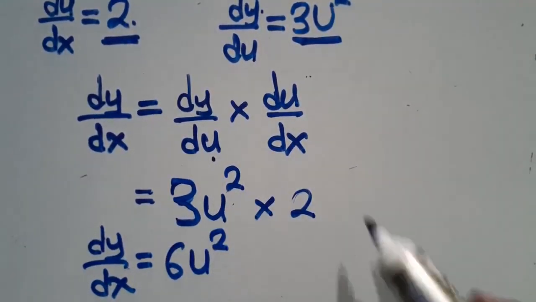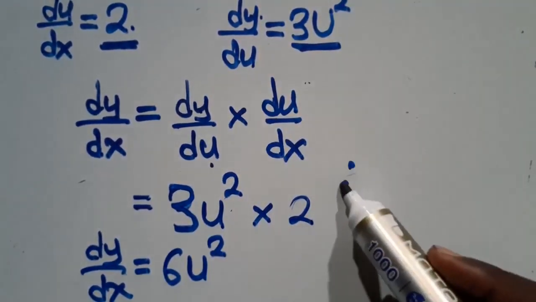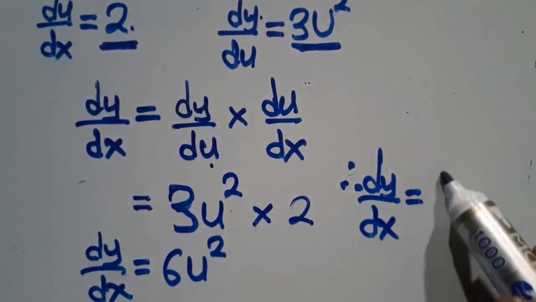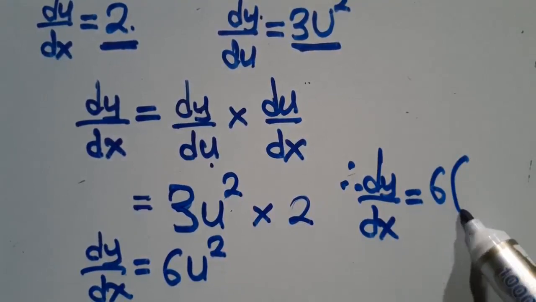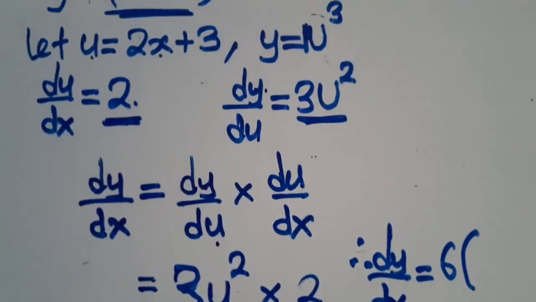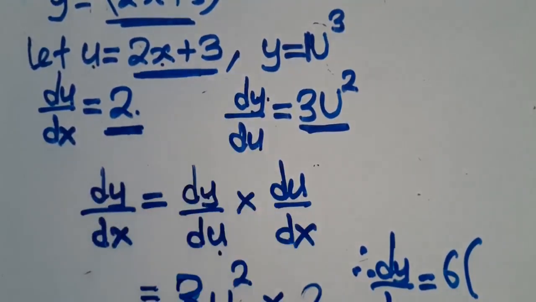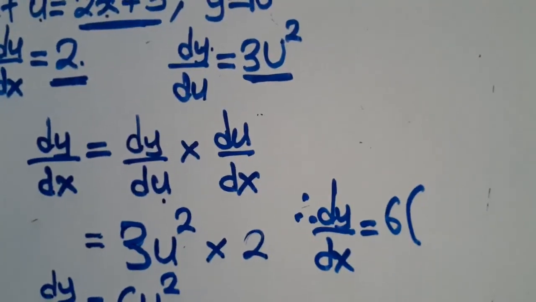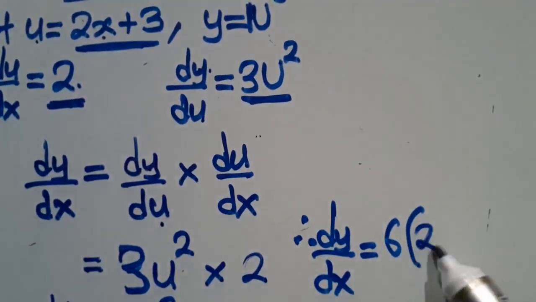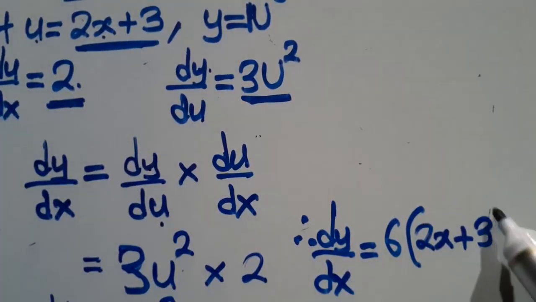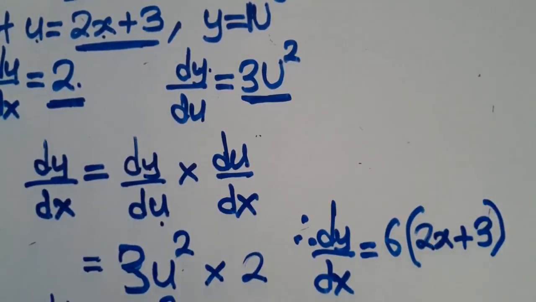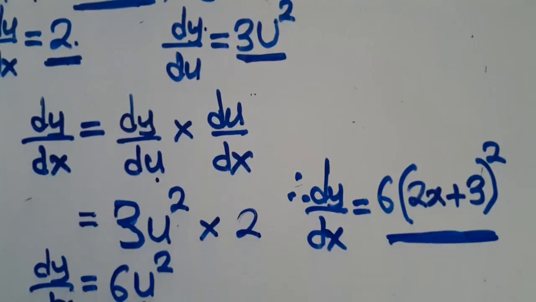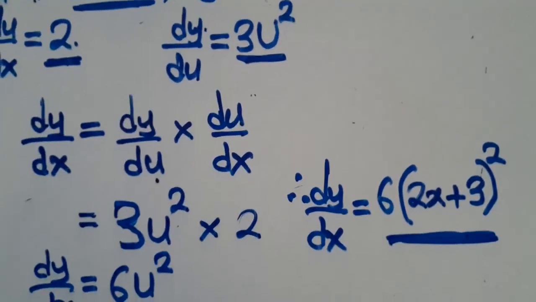This is the answer that you found. Therefore dy/dx is equal to 6, then we know what u is. We wrote at first that u is equal to 2x + 3, so we can now replace it. So our u is (2x + 3) to the power 2. So this is the answer. That is power 2 here, so don't be shocked about where the 2 has come from.